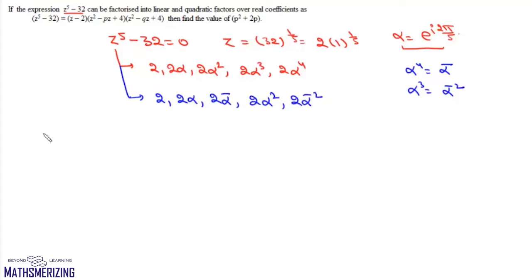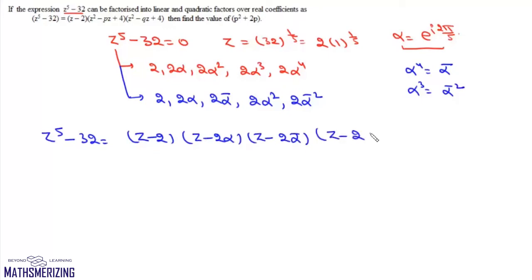Now we can write z to the power 5 minus 32 as z minus 2, z minus 2 alpha, z minus 2 alpha bar, z minus 2 alpha square, and then z minus 2 alpha bar square. Now we'll multiply these two factors and these two factors.